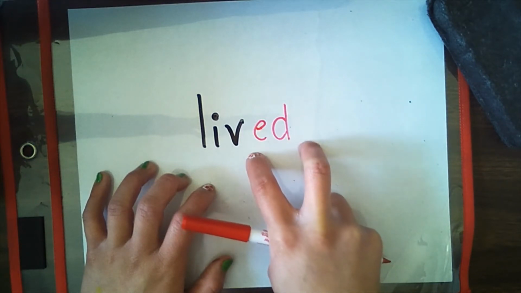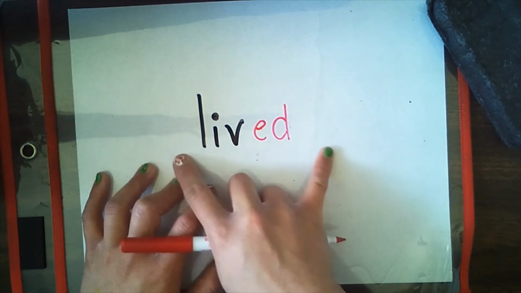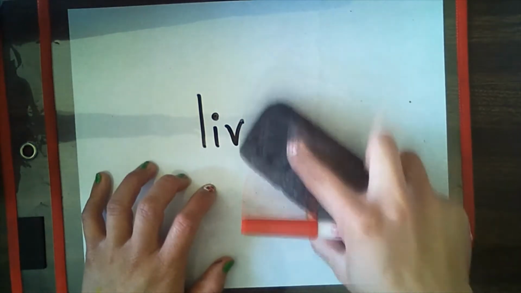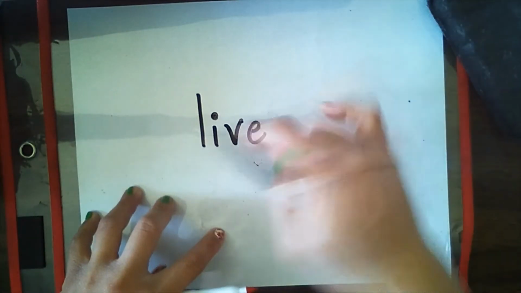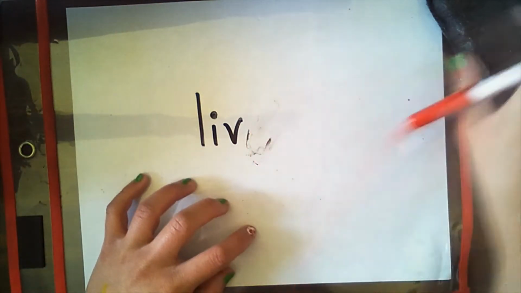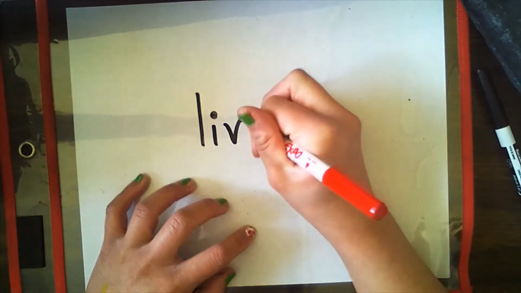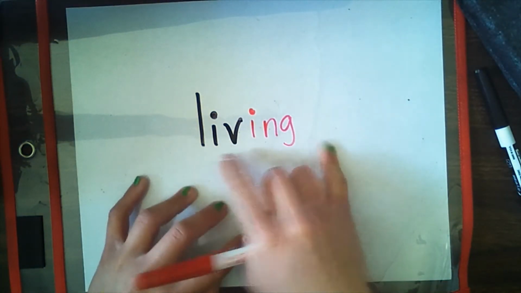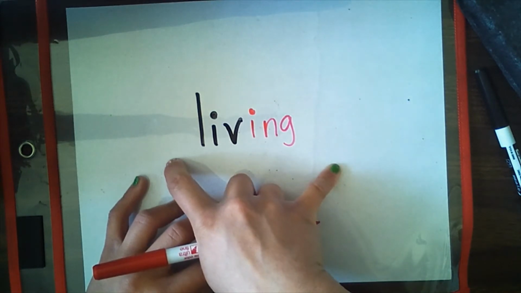So, read, D. Read the whole word, lived. Great job. I'm going to go ahead and put back our base word. Read, live. Read, ing. Read the whole word, living.